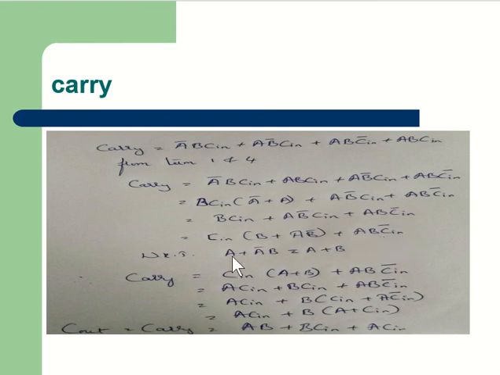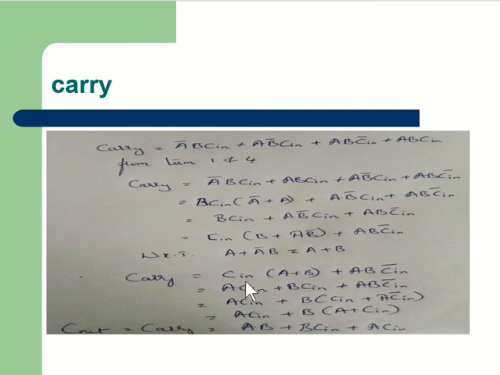We know that A plus A bar B can be simplified as A plus B. So this is of the form A plus A bar B, and I can simply replace this as A plus B. So this expression is reduced to C in into A plus B plus A B C in bar.